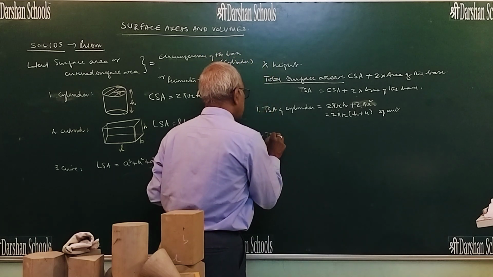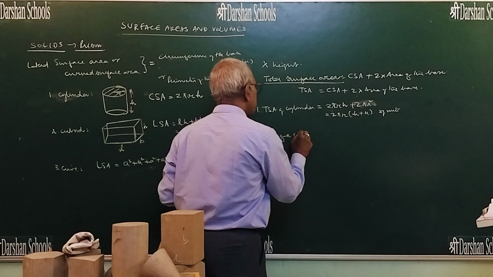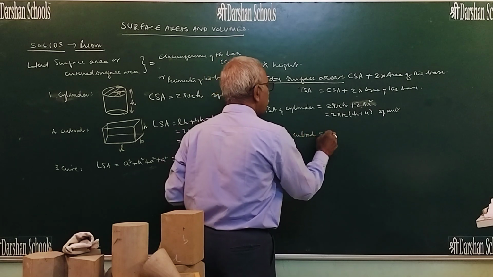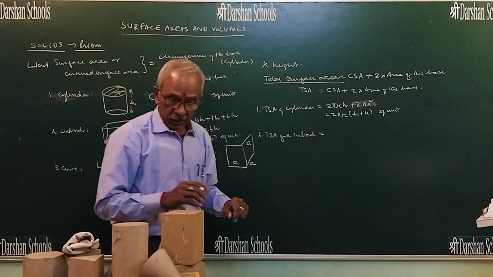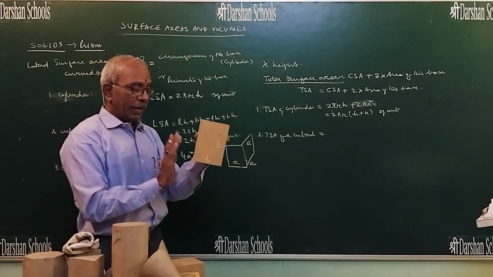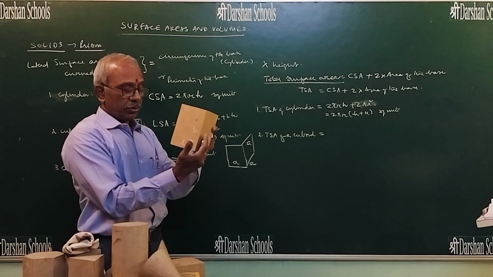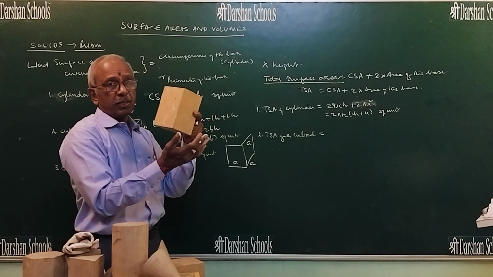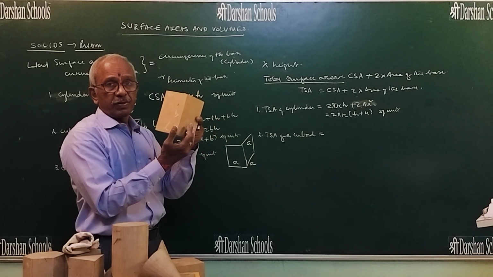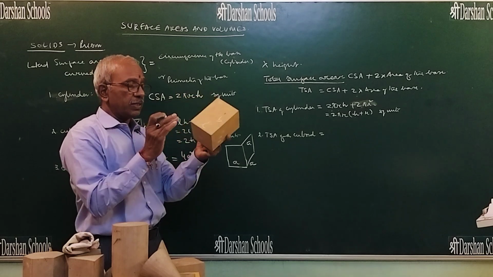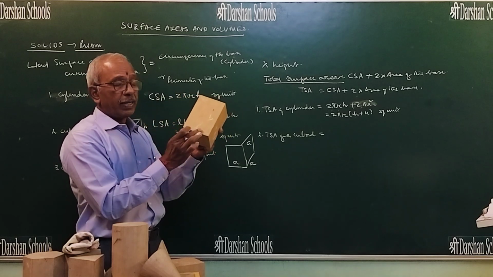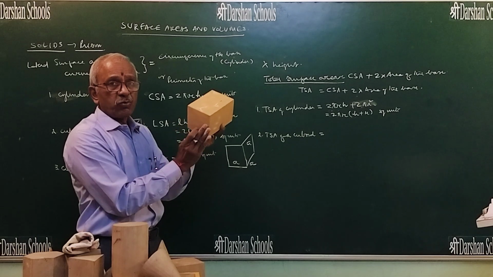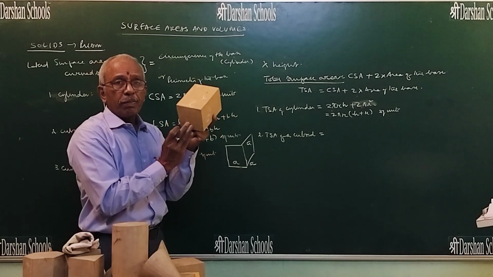Next is TSA of a cuboid. This is a cuboid, you have l h, l h. Right, this is l h, this is l h. This is b h, this is b h. These 4 surfaces. The other 2 surfaces, this is length and this is breadth. Therefore, the area of this base will be length into breadth.